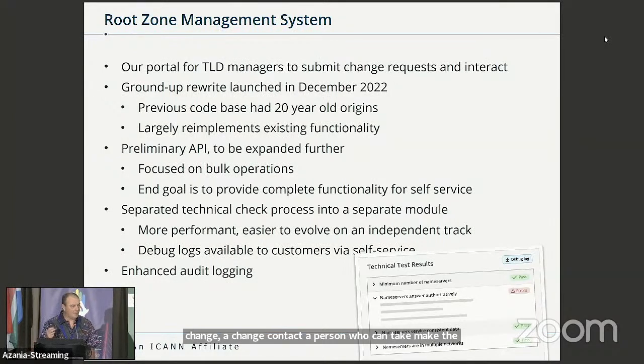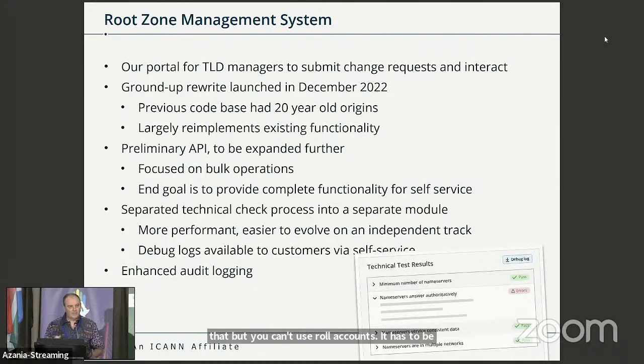They're the authorized person to authorize any changes to the TLD's information. That can be as many people as you want, but it has to be people. So if you work at a ccTLD or a gTLD and you want more people authorized, you can do that, but you can't use role accounts. It has to be individual people.